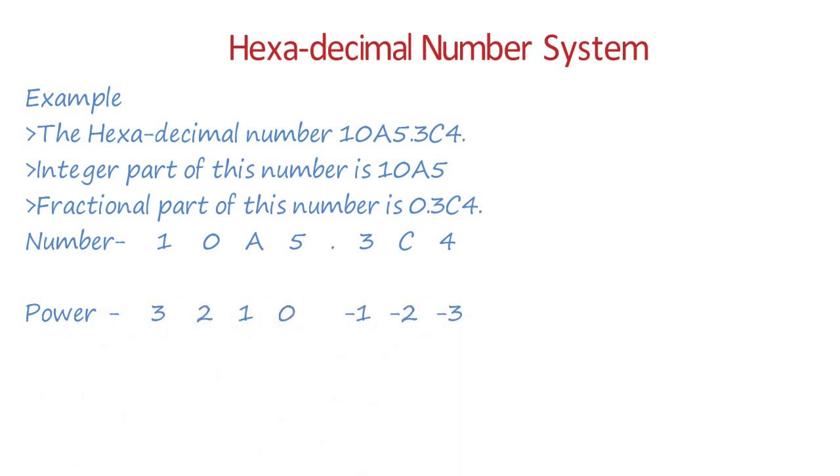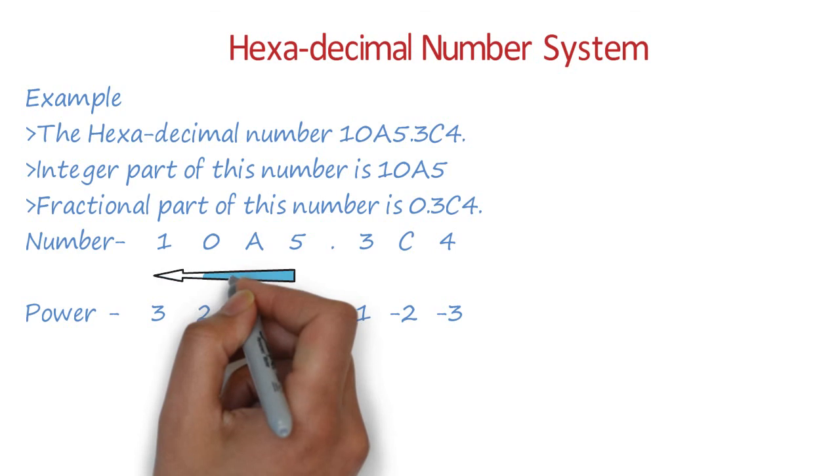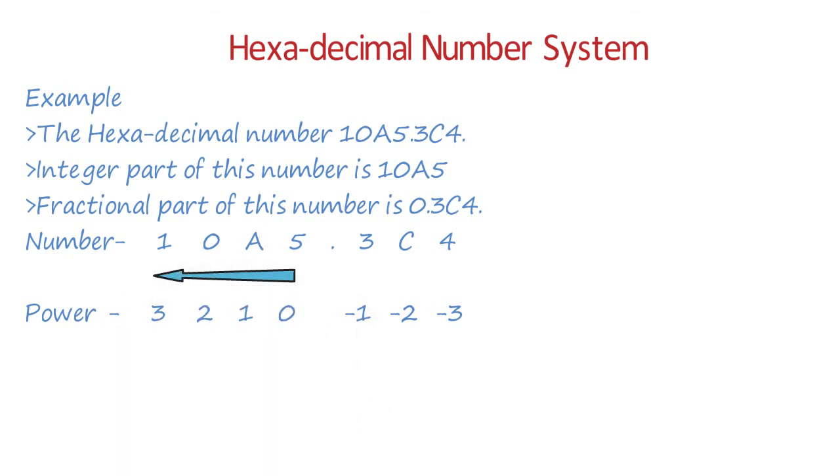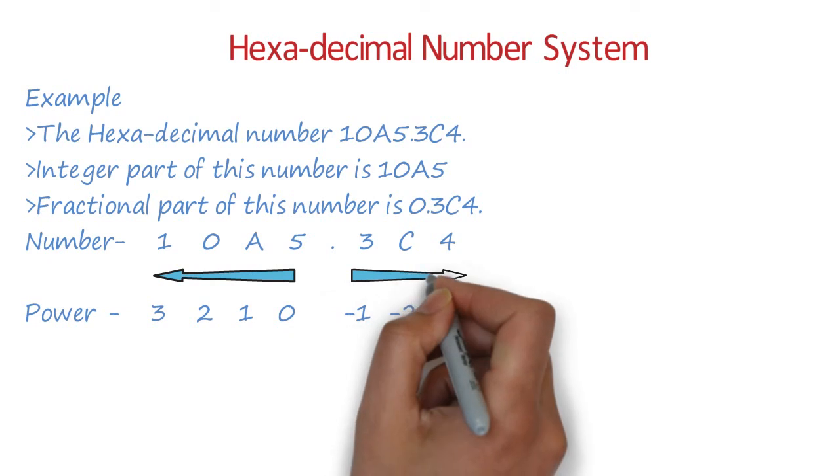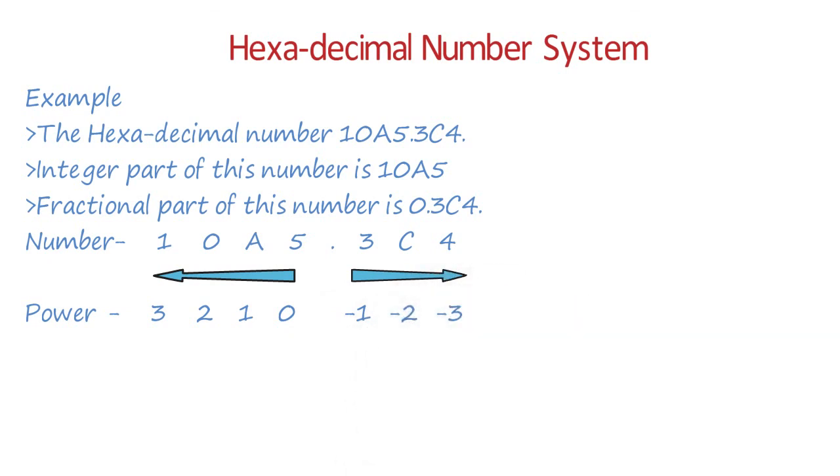The digits 5, A, 0, 1 have weights equivalent to 16 raised to 0, 16 raised to 1, 16 raised to 2, and 16 raised to 3 respectively. Similarly, the digits 3, C, and 4 have weights of 16 raised to minus 1, 16 raised to minus 2, 16 raised to minus 3 respectively.